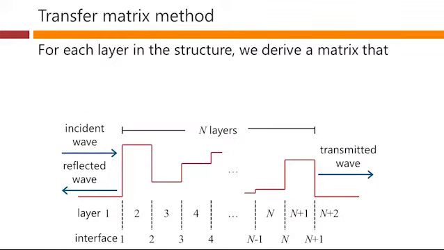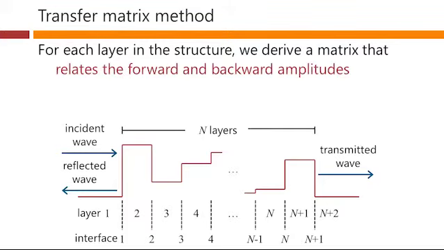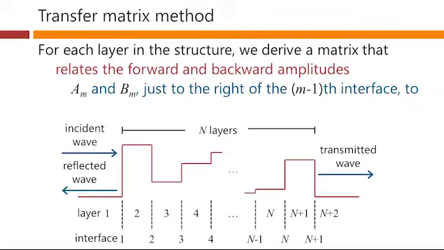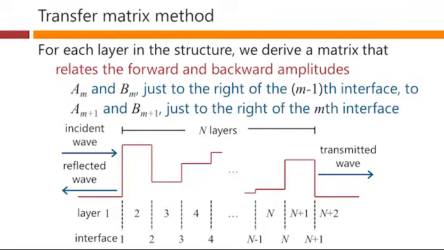For each layer in the structure, what we can do is derive a matrix that relates the forward and backward amplitudes. For example, here, just to the right of a given interface, just to the right of some interface here, and to the interfaces just on the other side of the next layer.